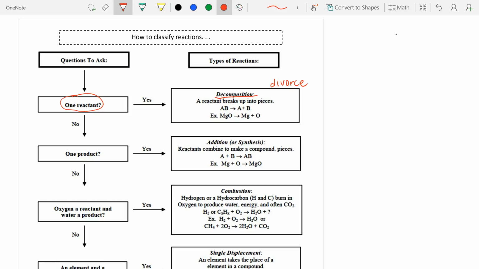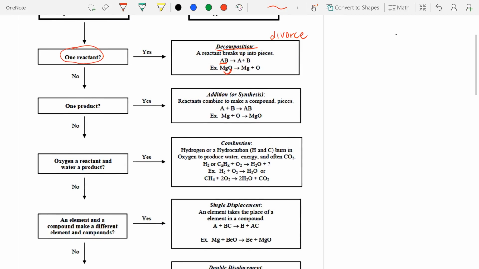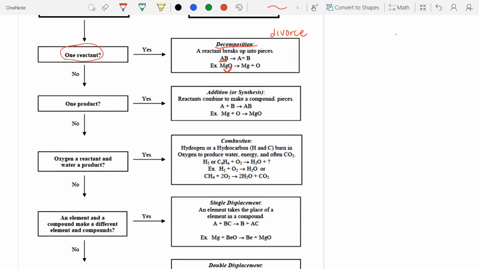You have a couple that has now broken apart, and they're in two separate pieces. For example, magnesium and oxygen are happily a couple here, and then they go through a divorce, they break up. This is decomposition.